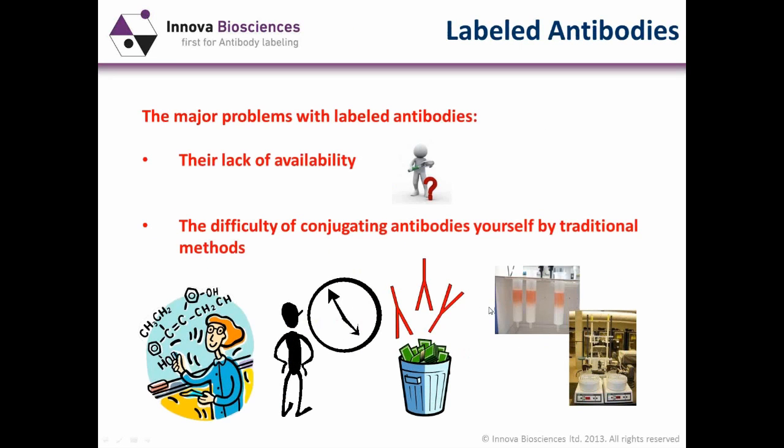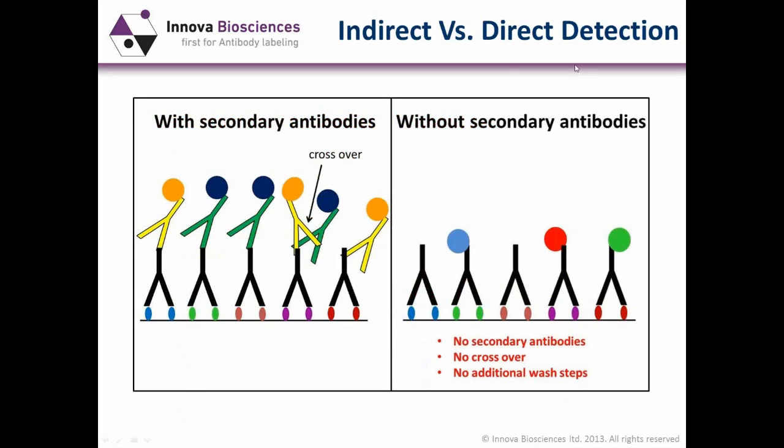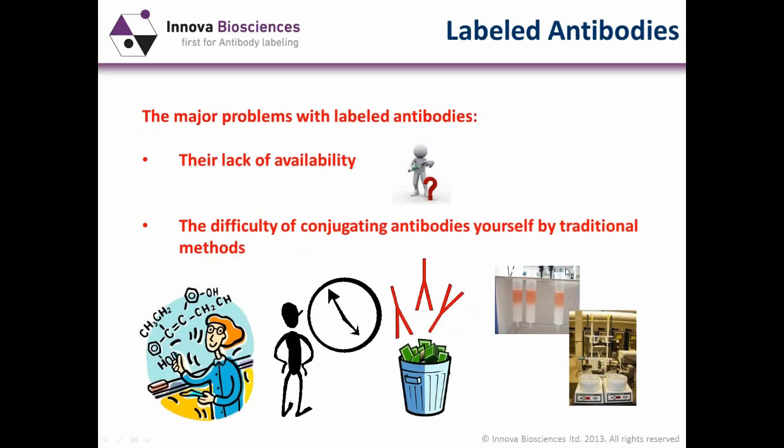So we obviously are aware of the advantages of direct labeling, as just highlighted here. But what's worth noting is there are major problems with trying to identify labeled antibodies. Basically, there's a lack of availability out there.